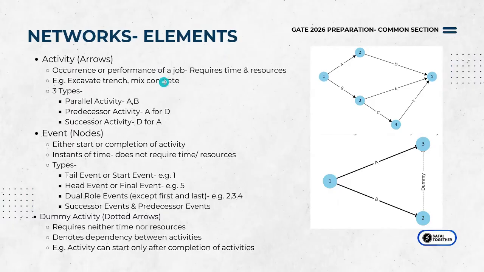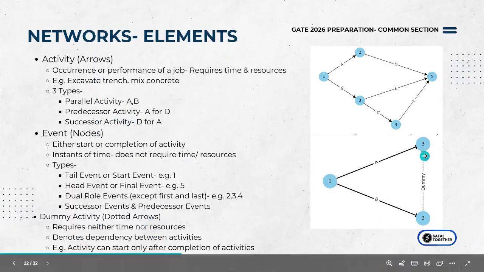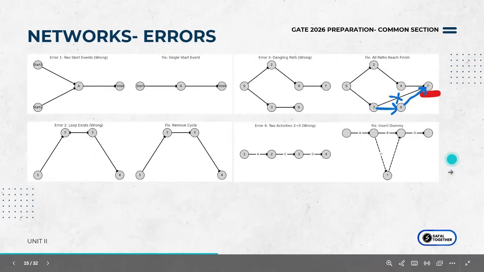So verbs, anything that you're walking, building, painting, excavating, mixing, all of these become activities. The start and finish of that particular performance: if you're mixing, the starting of that mixing and the finishing of that mixing become your events or nodes. This is how you represent. And then dummy activities are all of these dotted arrows, which talk about the interdependencies.